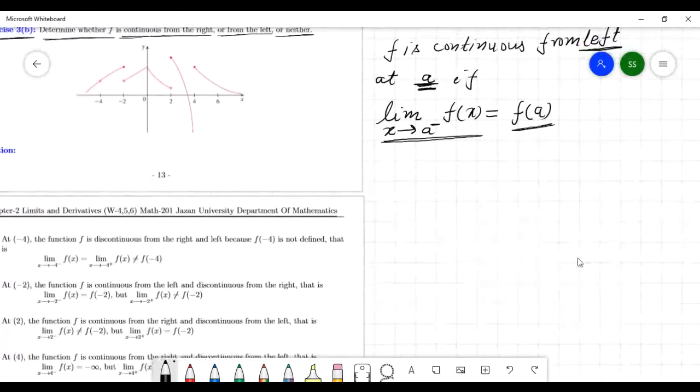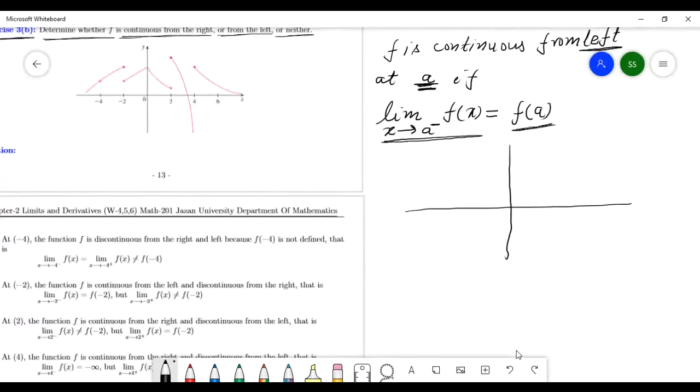See the function. Let me draw the function here. This is the function. Here is -4. Here -2. And this is 0. And this is 2.